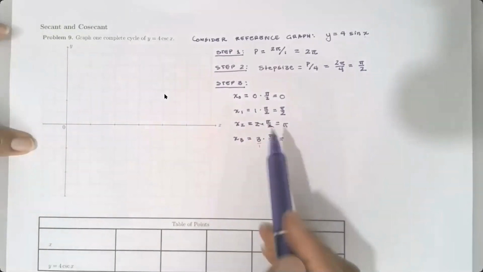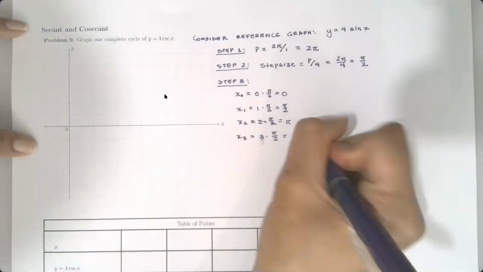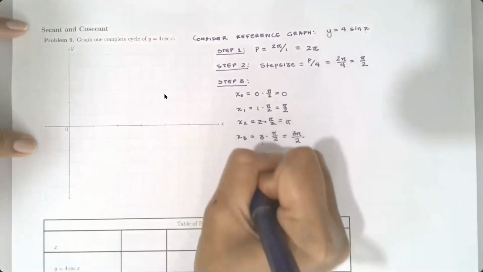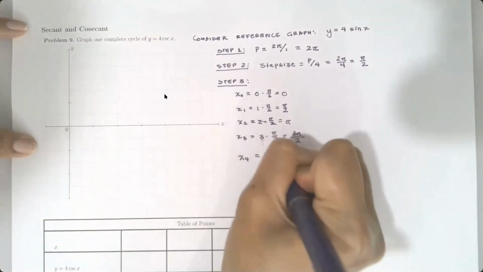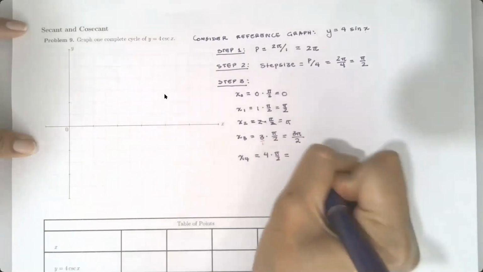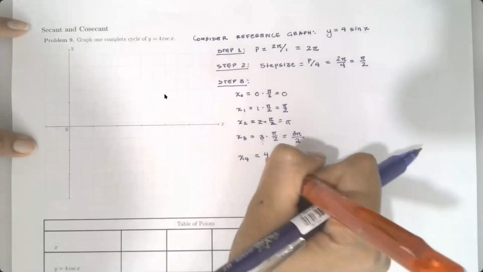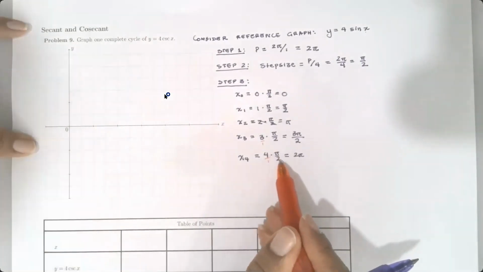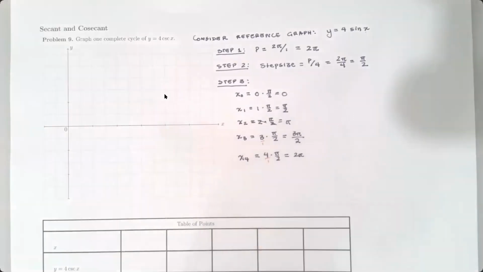And if we do that, then we can multiply numerators together to get 3 pi and denominators together to get 2. And then the last x value is 4 times our step size of pi over 2, which is going to give us 2 pi, because again, you can treat this as 4 over 1, multiply across and get 4 pi over 2, but 4 over 2 reduces down to a 2. So we get 2 pi.